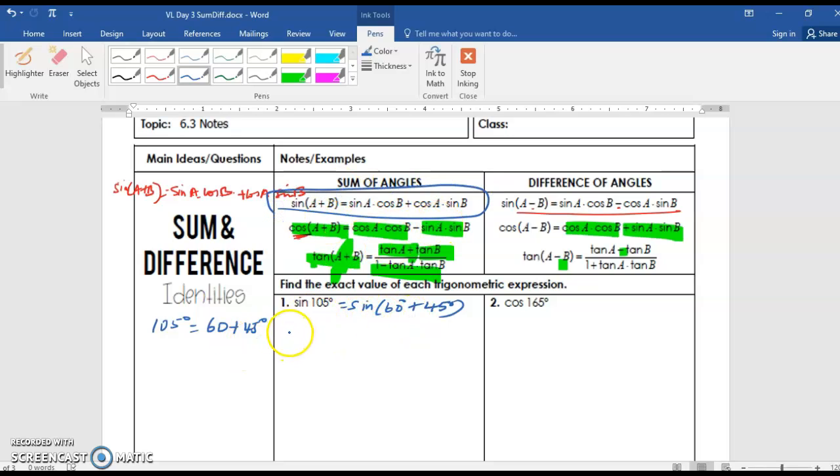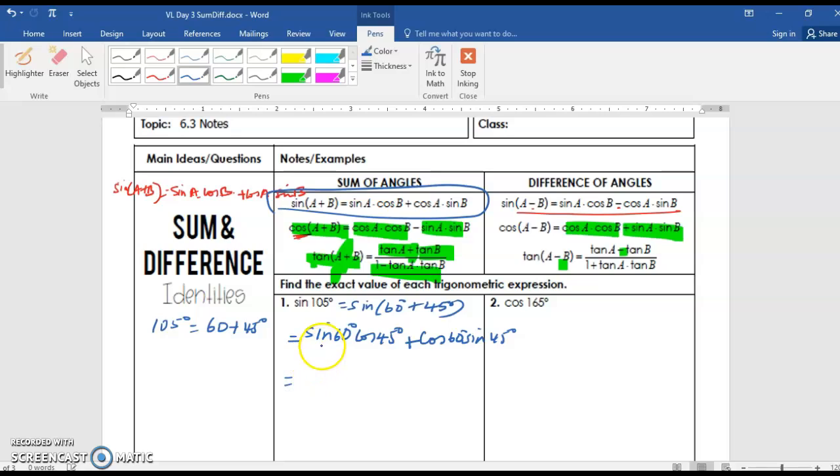So you can split this as sine 60 cos 45 plus cos 60 sine 45. You see that? Sine and cosine, cosine and sine, but the angles will be in the same order. So sine 60 cos 45 plus cos 60 sine 45.